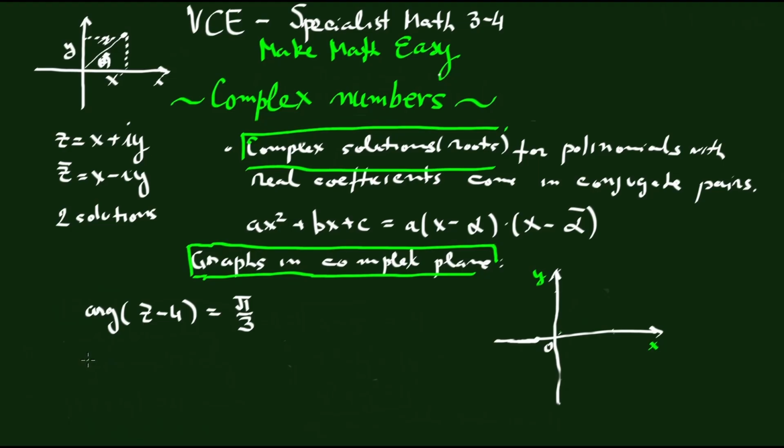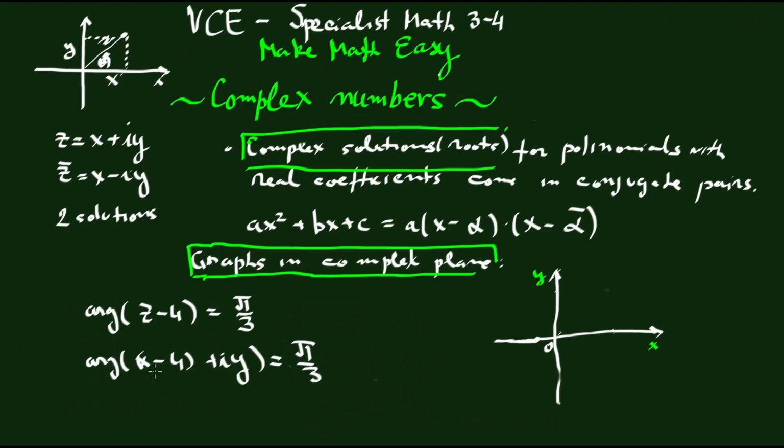But you can say that the argument of (x minus 4) plus iy is equal to pi third.